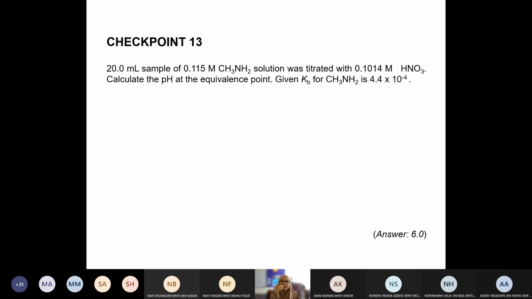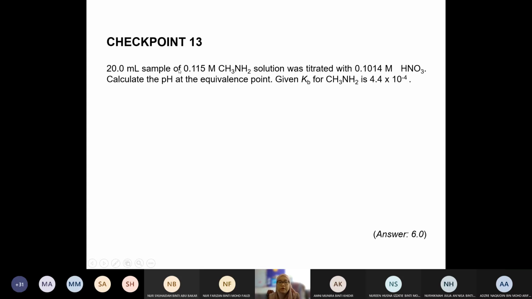20 ml sample of 0.115 molar CH3NH2 solution was titrated with 0.1014 molar HNO3. Calculate the pH at the equivalent point, and the Kb of the base is given.